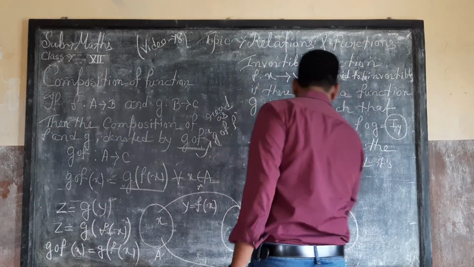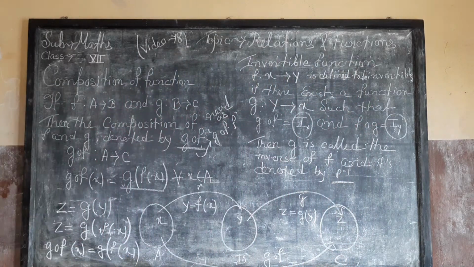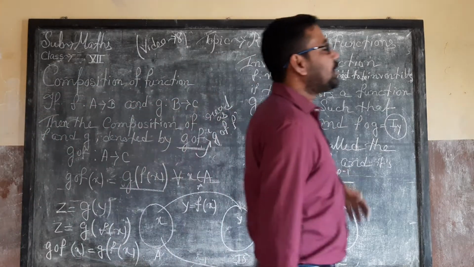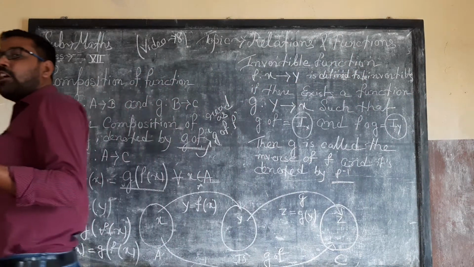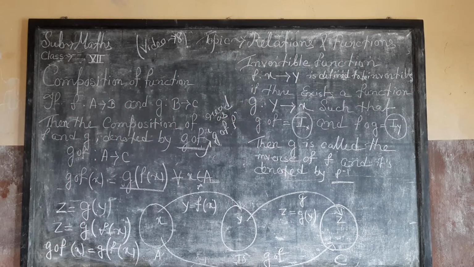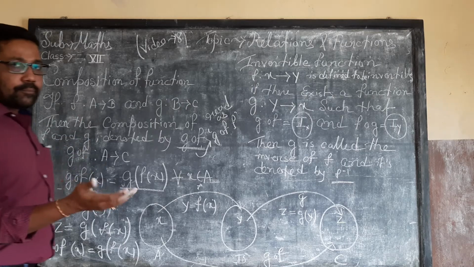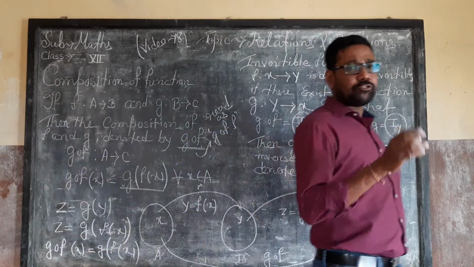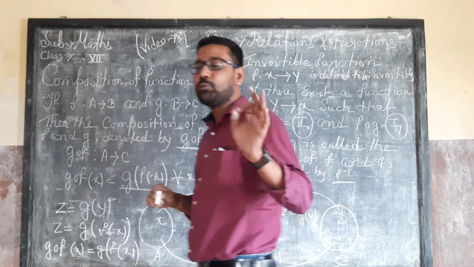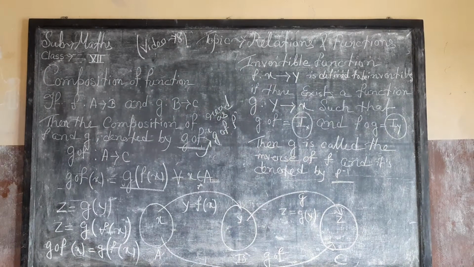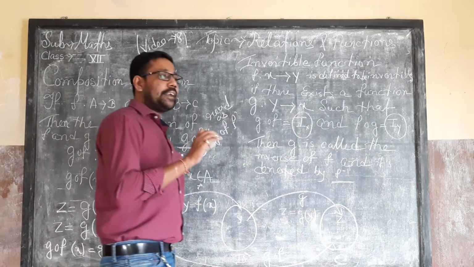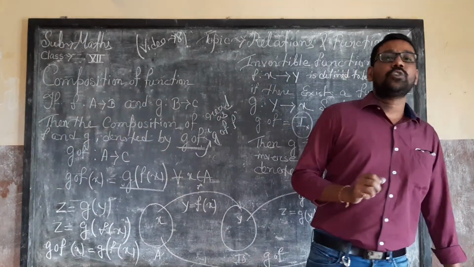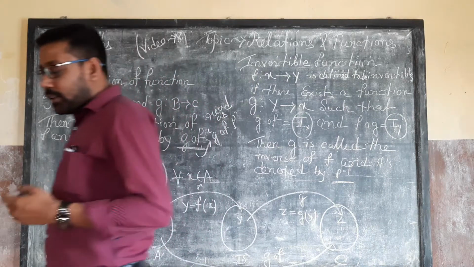So this is the definition of invertible functions. A function f defined from X to Y is called invertible if there exists another function g from Y to X, and two more conditions are involved.